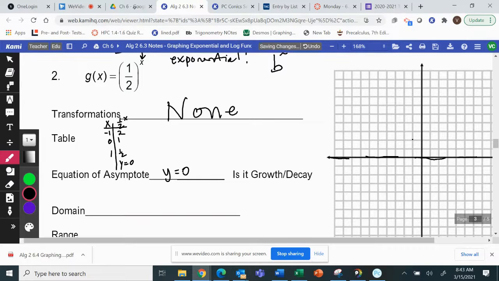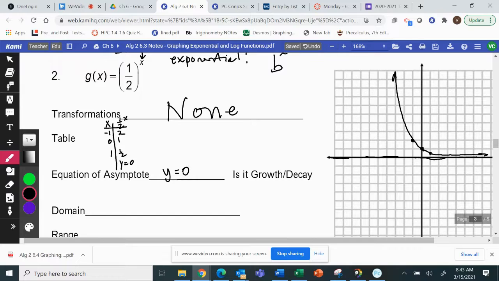I've got -1, 2, 0, 1, 1/2. The asymptote is what stops either the domain or the range. The asymptote is horizontal, so it's stopping the graph from going down further.